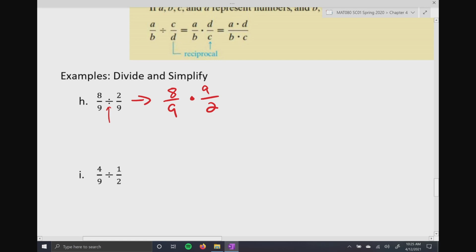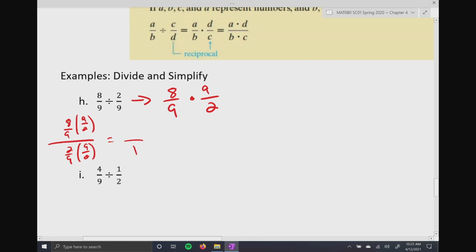Okay? The why all comes from the fact that we hate fractions downstairs. So what we really did is we multiplied both of them by the reciprocal of the bottom fraction, that second fraction, because it created that number 1 that we wanted.